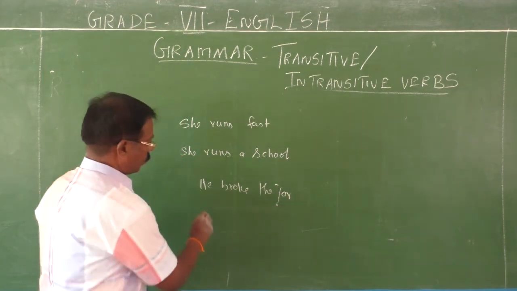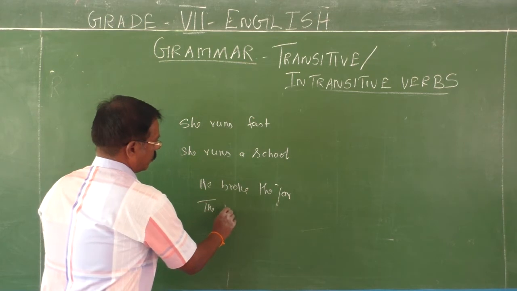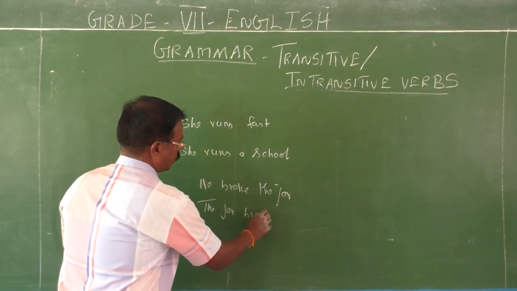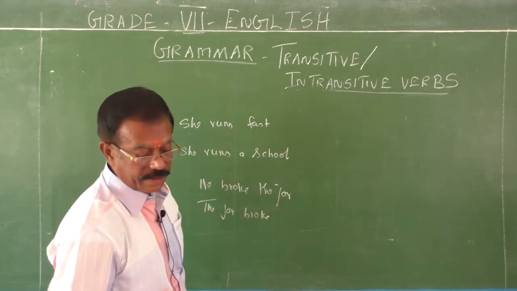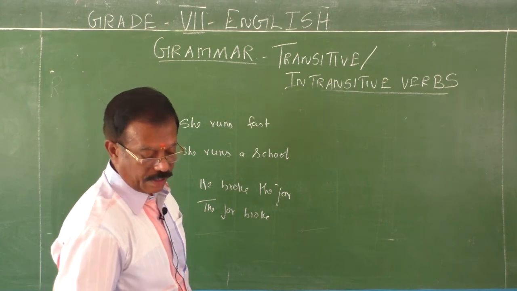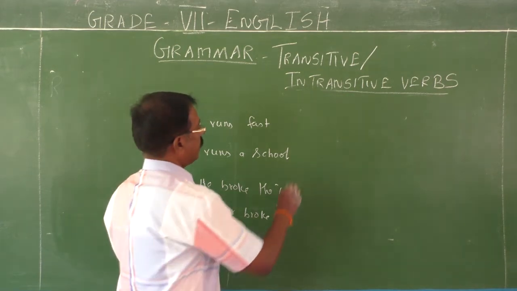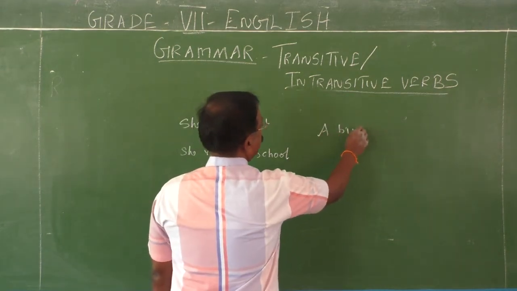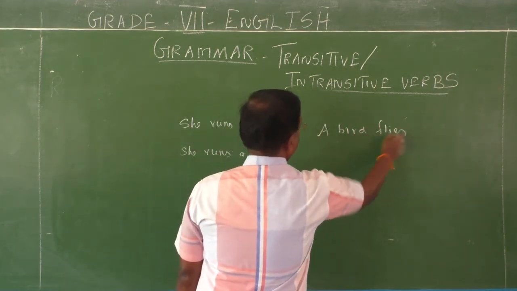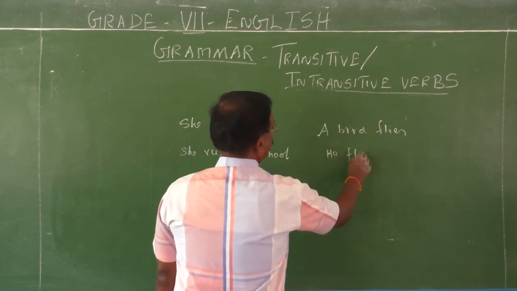The jar broke. And many fruits fall in the rain, they fell many trees. See, a bird flies, he flies a kite.